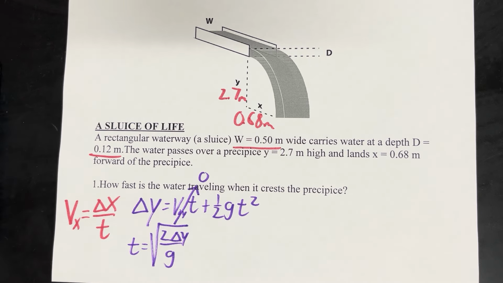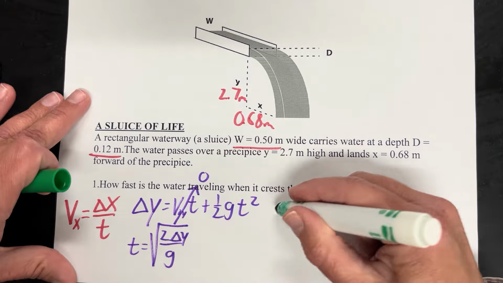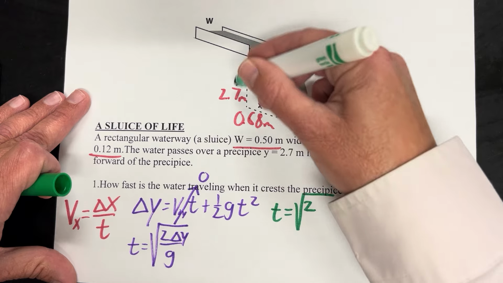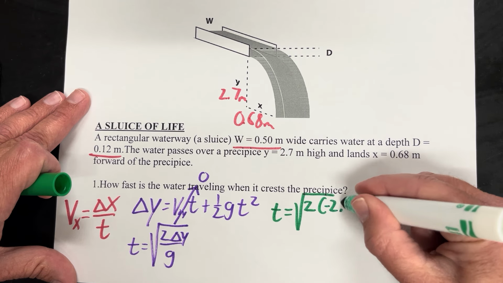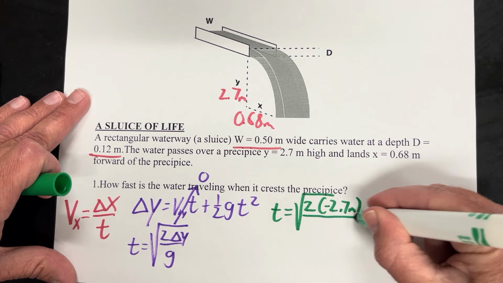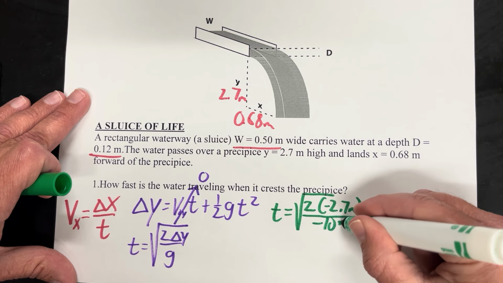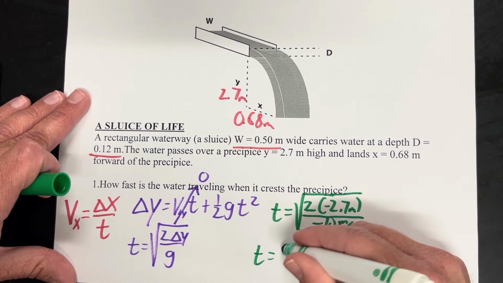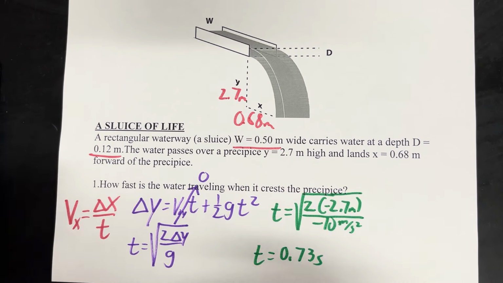So let's plug in some numbers here. Our time will equal the square root of 2 times, technically our delta y is negative, right? Negative 2.7 meters because it goes down, but our acceleration is also negative, so those will cancel out, over negative 10. That will give us a time of 0.73 seconds.